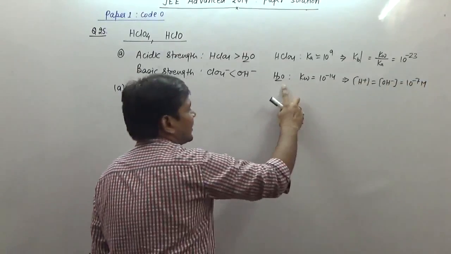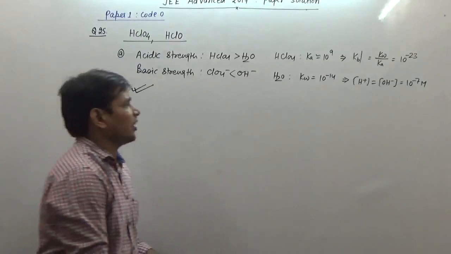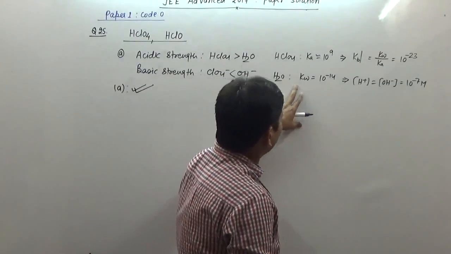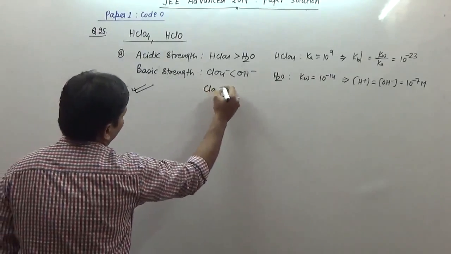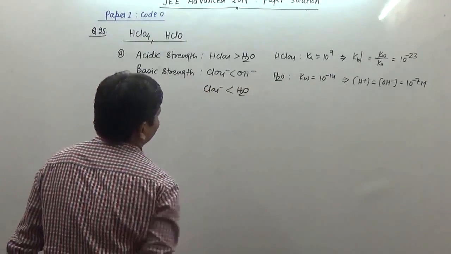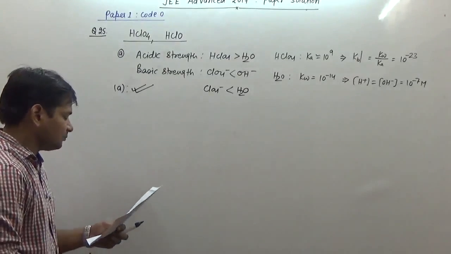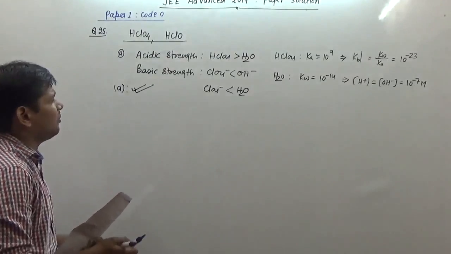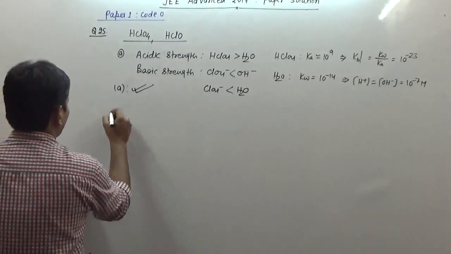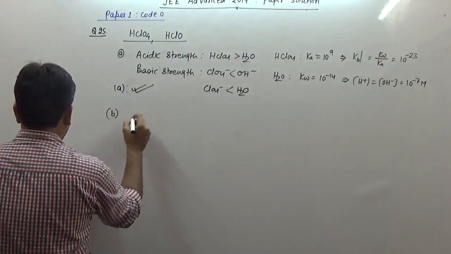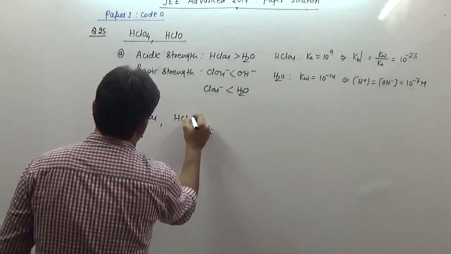And if we look at the Kb value of H2O and the Kb value of ClO4 minus, you can easily see that water is a stronger base than ClO4 minus. ClO4 minus has weaker basic strength than even H2O, and this is what the question is asking. B part: the hybridization of the central atom of HClO4 and HClO is sp3.